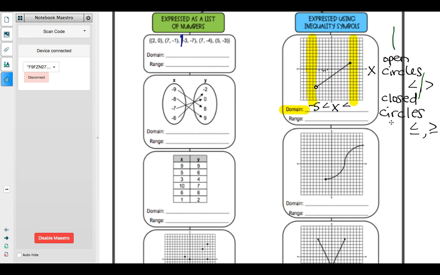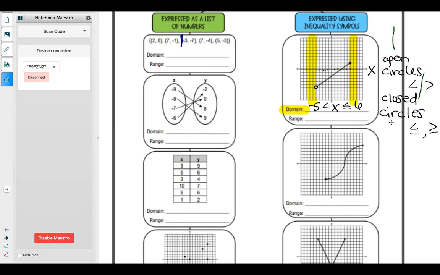So our farthest right boundary is at 1, 2, 3, 4, 5, 6. And since it's closed, we put a line right underneath it, and we have just represented domain using inequality symbols. We would read that as -5 is less than X, which is less than or equal to 6. So any number between -5 and 6 is part of this domain.